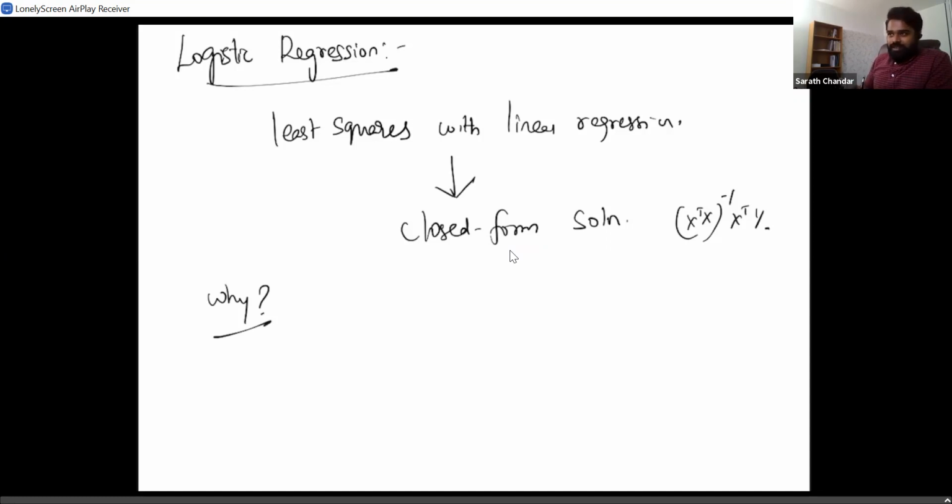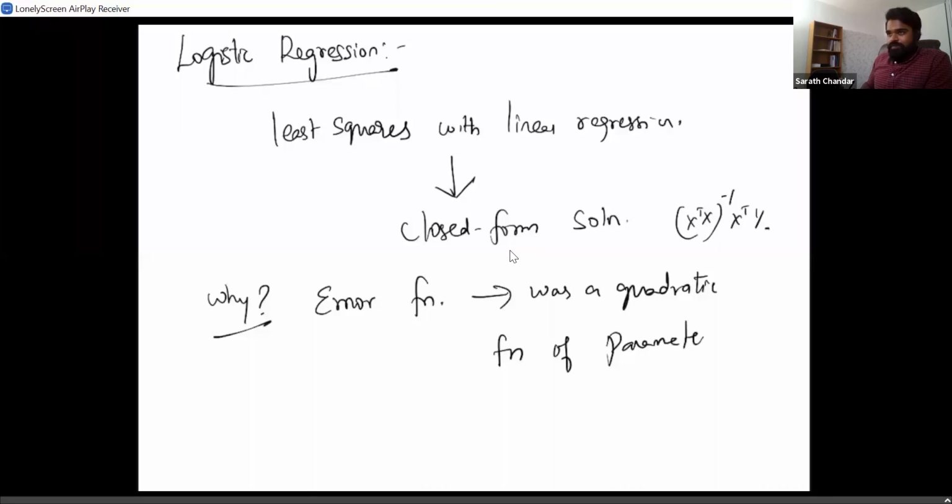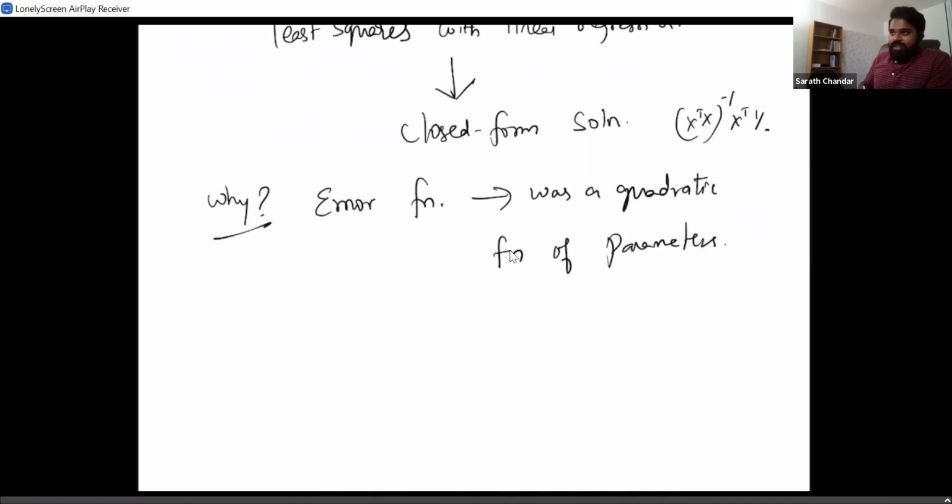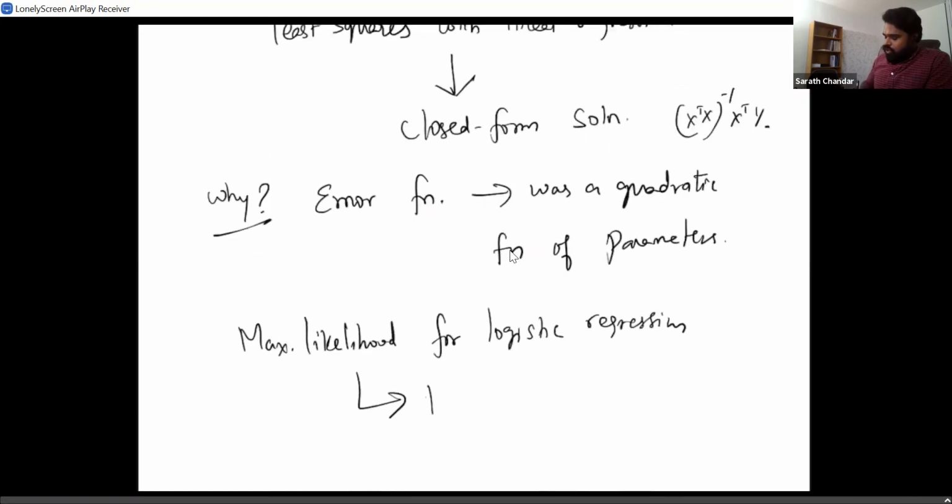In the case of linear regression, the error function was a quadratic function of the parameters, so we were able to come up with a closed form solution. On the other hand, in the case of maximum likelihood for logistic regression, there is no closed form solution.